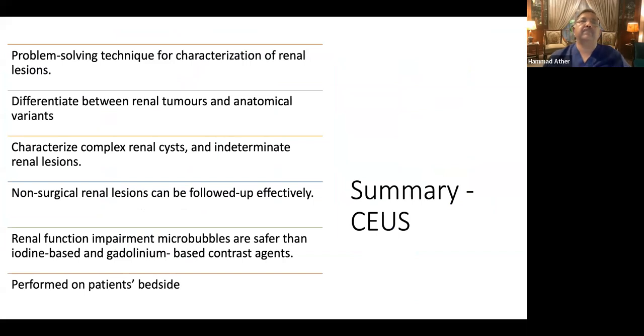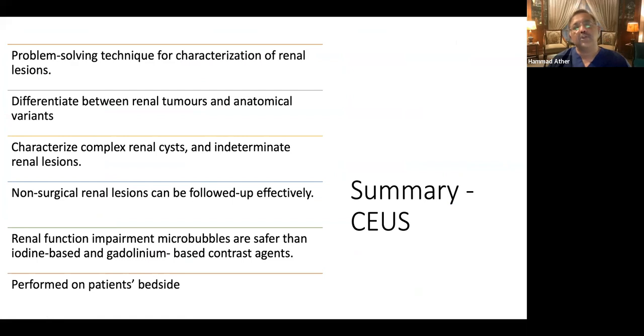So, in summary, it is a problem-solving technique for characterization of renal lesions which are indeterminate on imaging. It can differentiate between renal tumors and pseudolesions or anatomical variants like the column of Bertin.